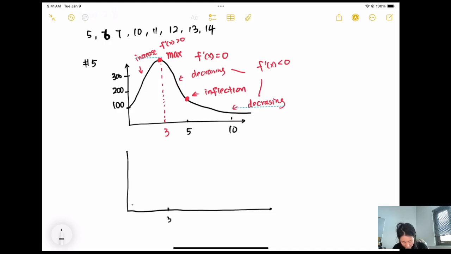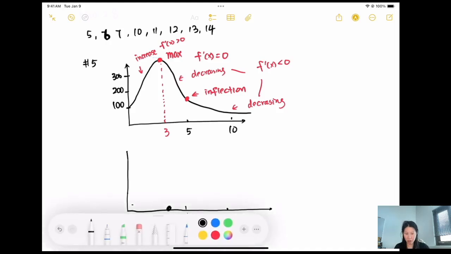Okay, 3, 5, 10, starting from 0. Okay, we know that at x equals 3, the point equals 0. If x equals 0, and then as you can see, the graph is growing, and slowing down.